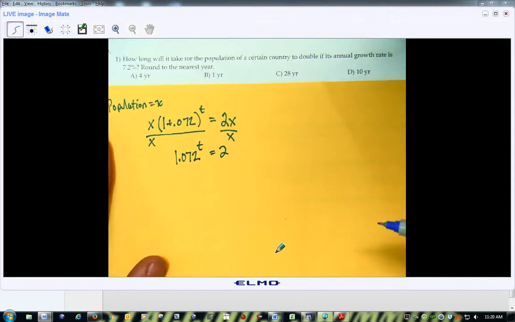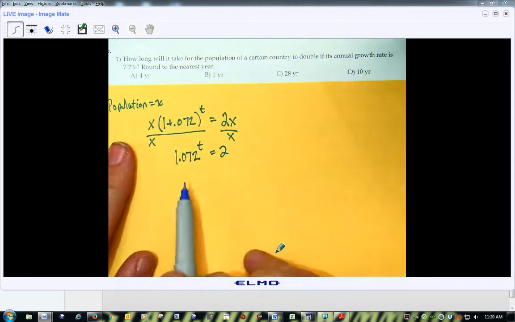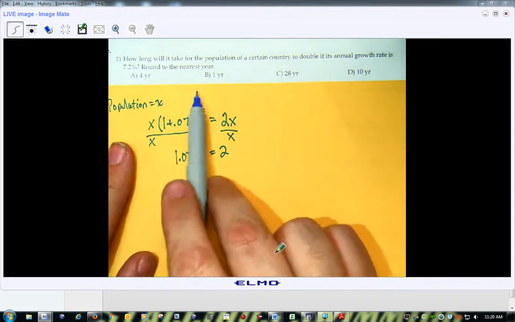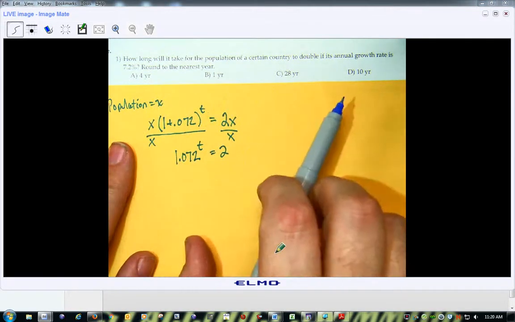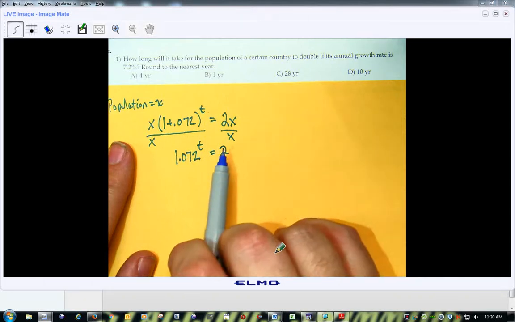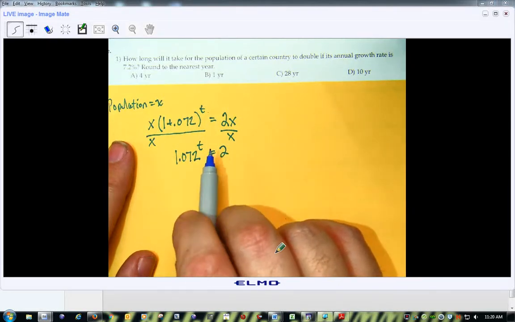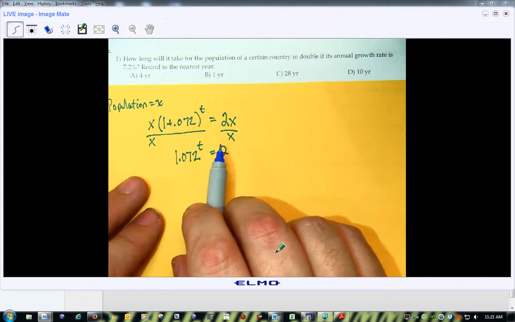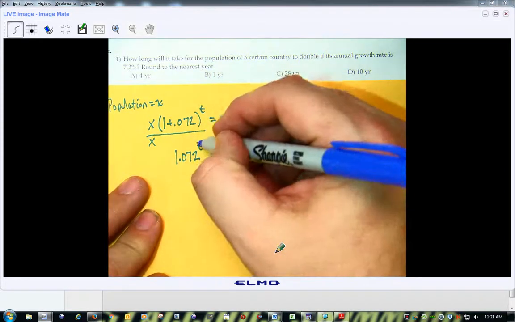Now, at this point, you can do a couple different things. You can have this in your calculator and plug in 4, 1, 28, and 10 and see which one is going to get you closer to the number 2 than anything else. But there's a way that you can actually solve for t.